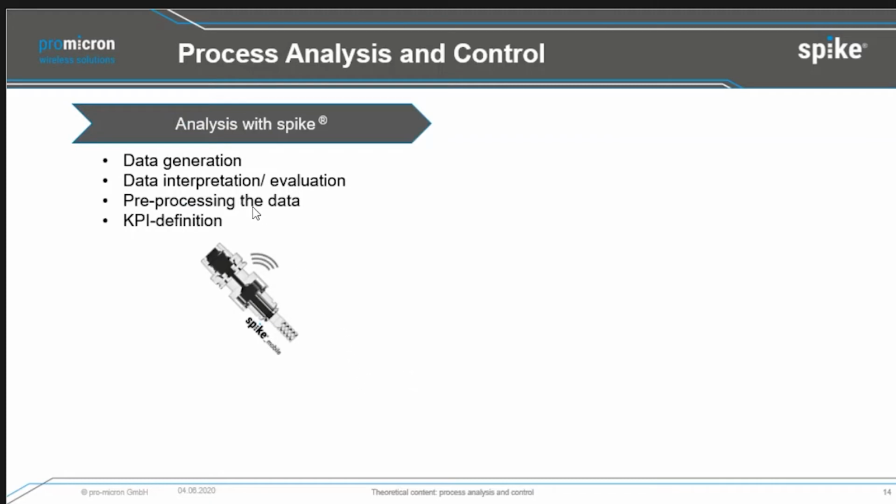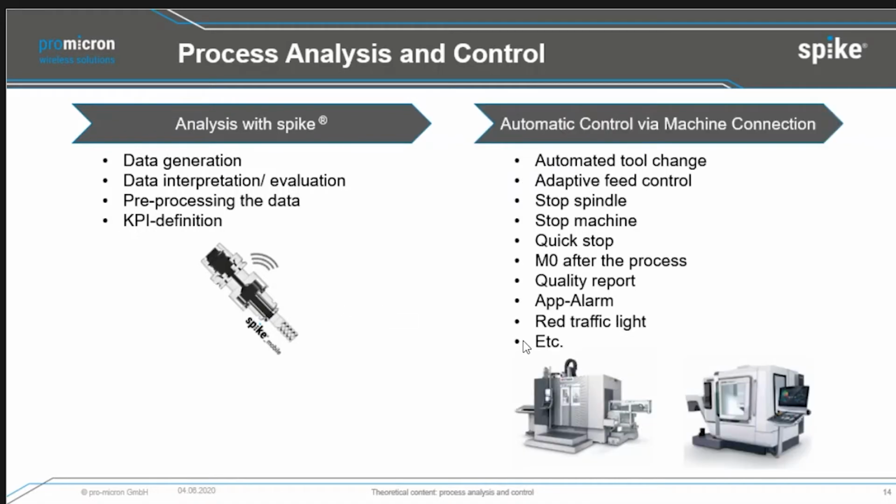Now, what we've done quite easily was generate measuring data. We went to the customer's machine, ran their process, and generated measuring data. Then we try to interpret or evaluate these data, pre-process the data, and maybe also define some KPIs. And the next step, of course, will be an automatic control via machine connection.